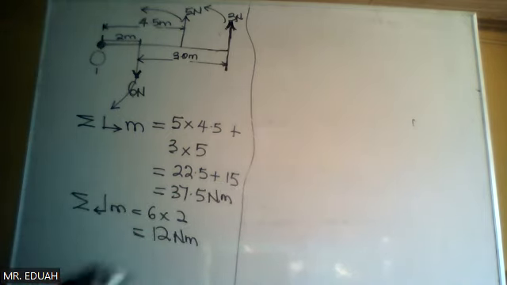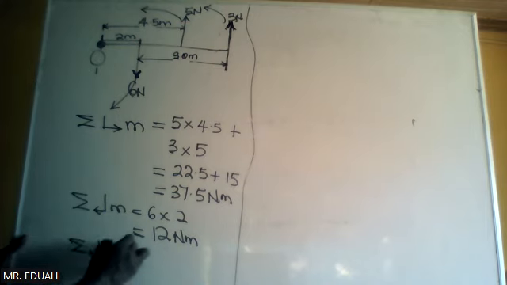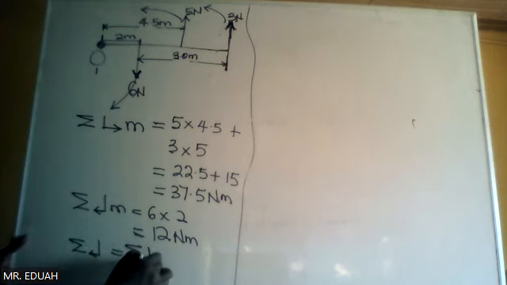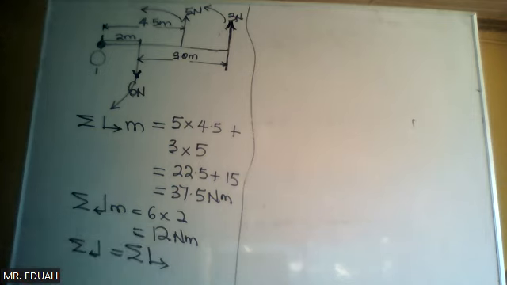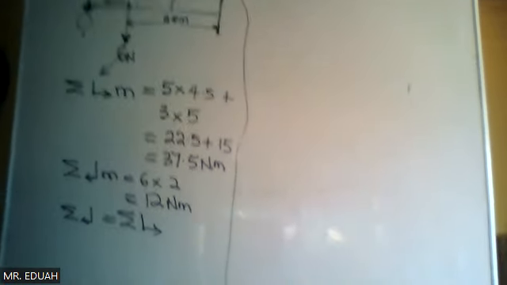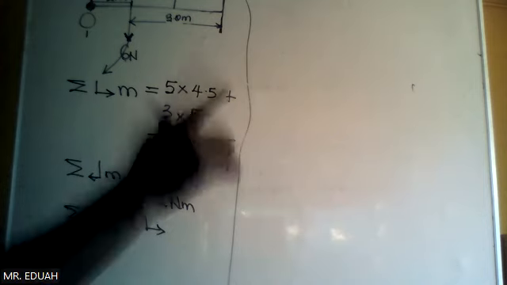Therefore, the rule says that the sum of clockwise moments must be equal to the sum of anti-clockwise moments for equilibrium. Now, because when you check, they are not the same, one is greater than the other, then the principle will not hold, but there will be a net. The net or the resultant moment will give us the turning effect in one direction.